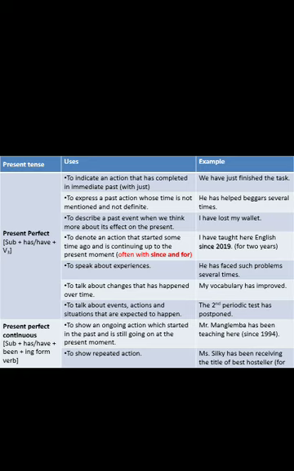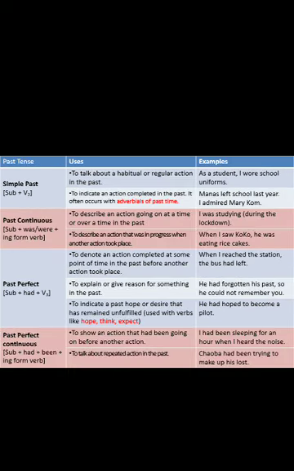Then present perfect tense is used to express or indicate a completed action. Then present perfect continuous tense is used to express an action which was continuing since or over a long period of time.